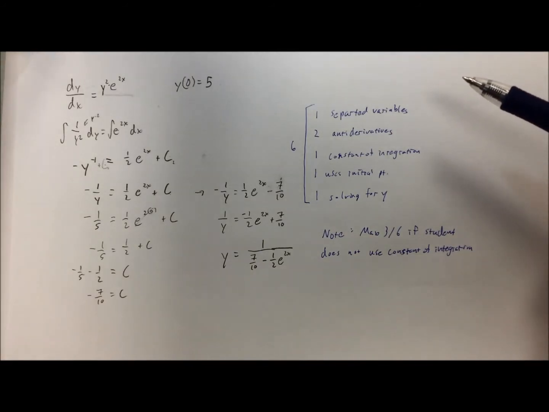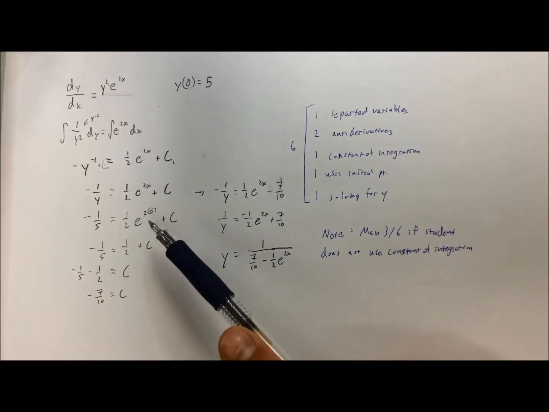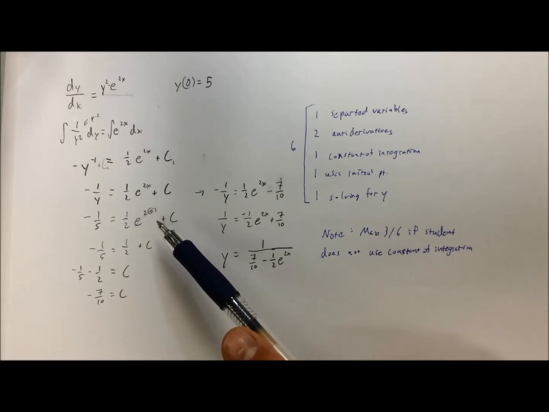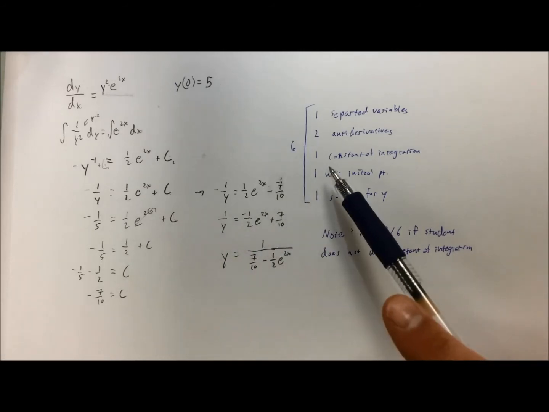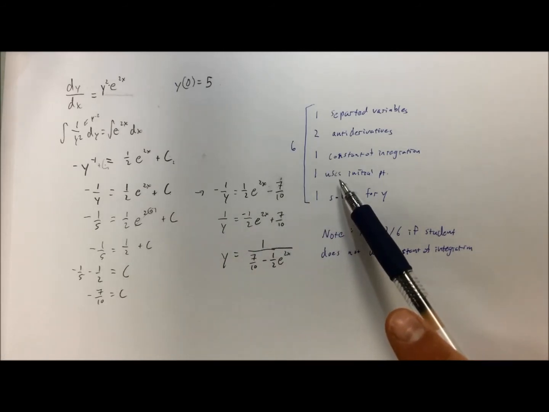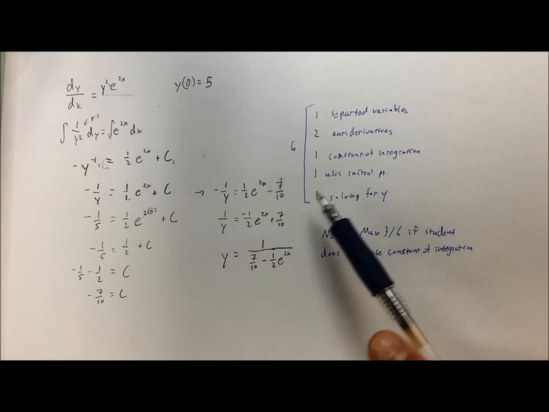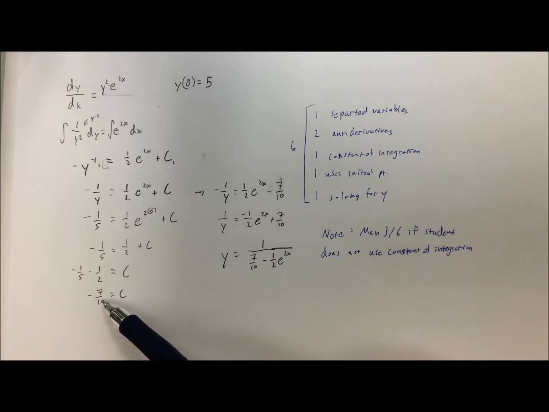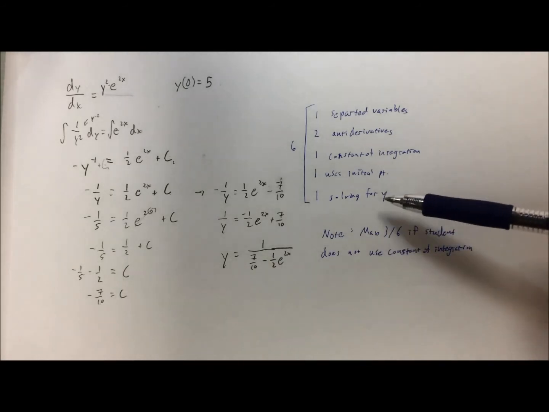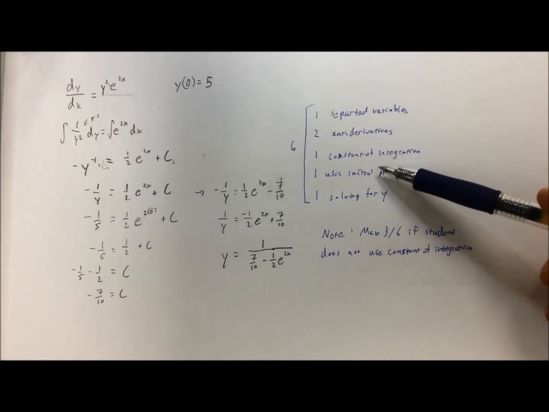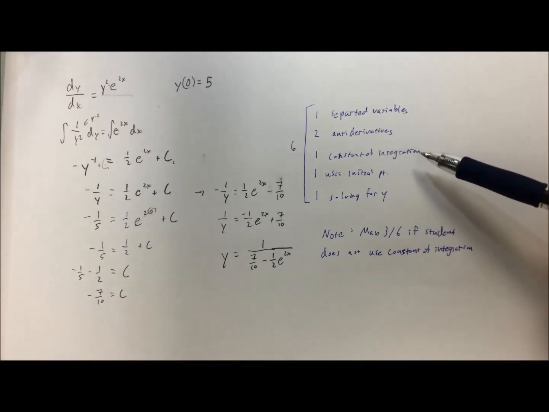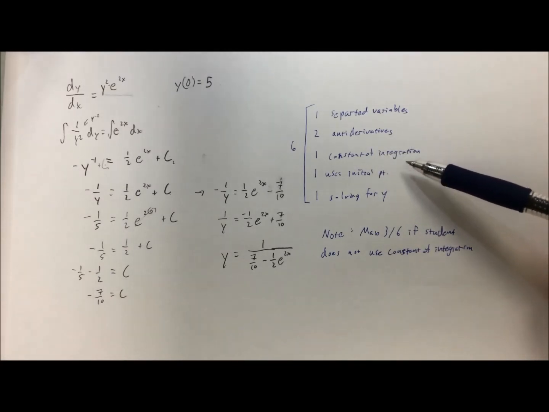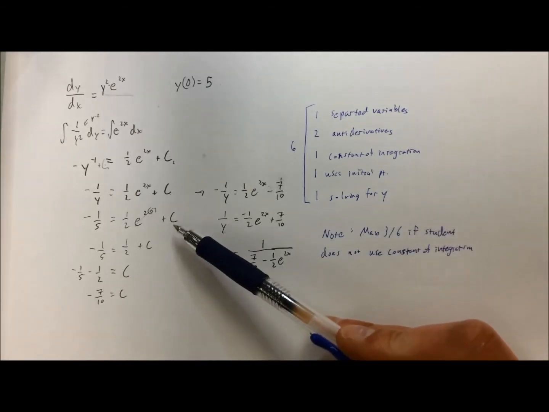That's the most you can possibly get. So that plus c is so extremely important because it allows you to do the others. Let's say you use the initial point. Let's say you make an error in here and you get that as negative 3/5 instead. You wouldn't get that point, but you'd still get these two for using the initial point and remembering the constant of integration. So that plus c, once again, is so extremely important.